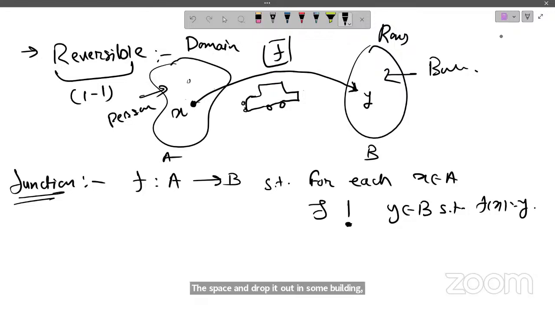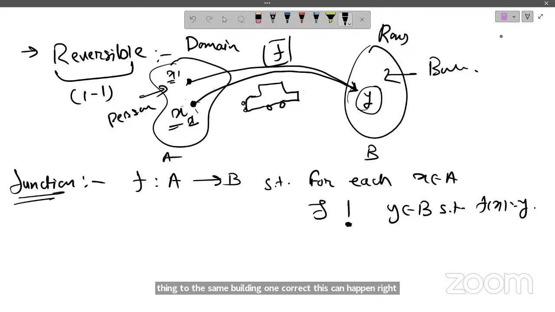It can so happen that it takes two persons. Suppose this is our x1 and our x2. It can drop two persons in the same building. Suppose x1 and x2 are kids and they want to go to school. Our function will drop them in the same building one, correct? This can happen, right?